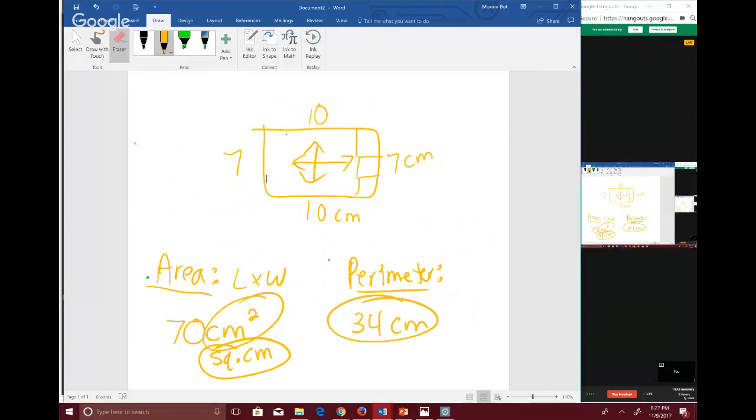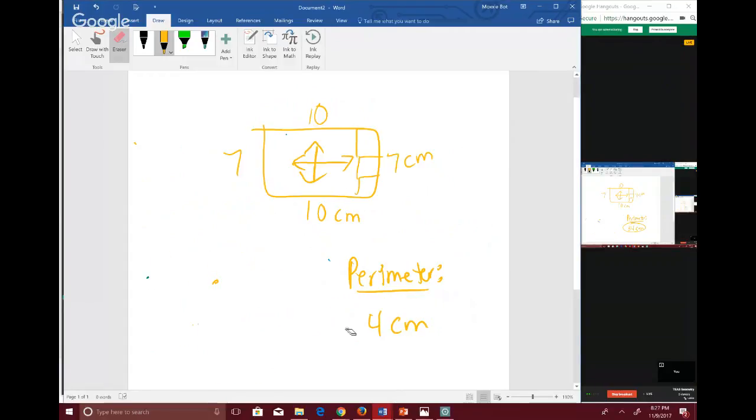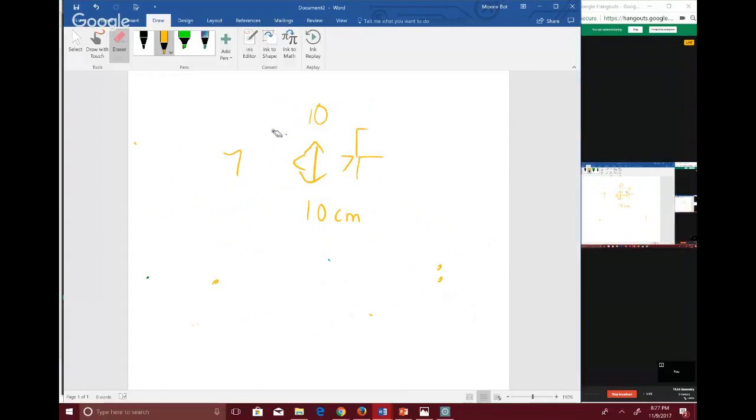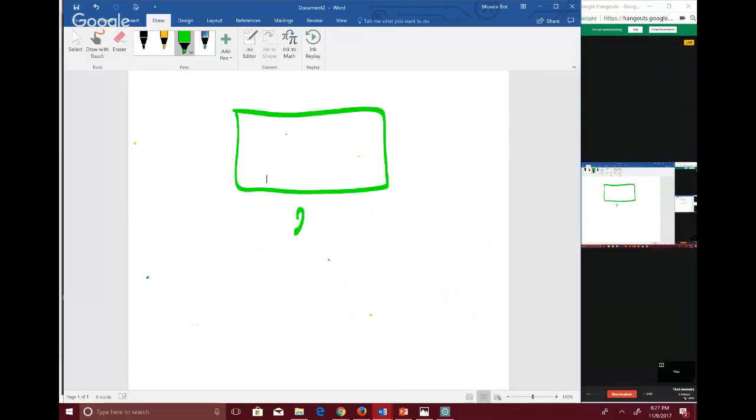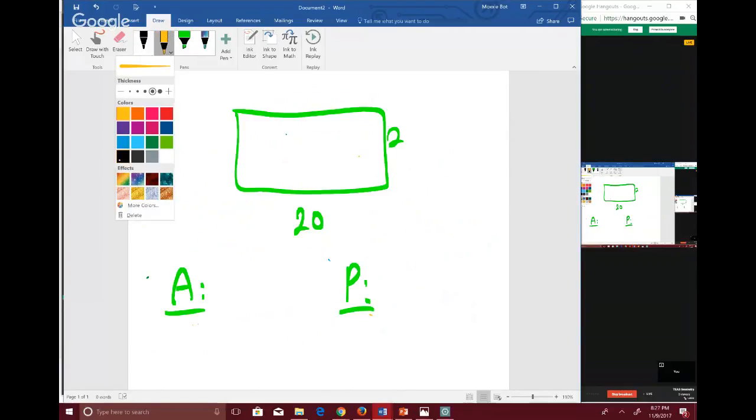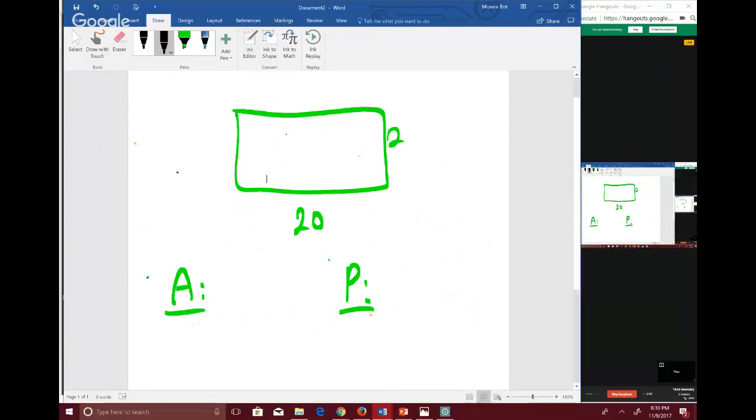So to do one more example like that before we move into the packet a bit more, let's think about a rectangle that is 20 by 2, and let's once again do an area and a perimeter. Part of the reason there's a bunch of practice for these in the packet is so that you can practice them over and over to make sure you have them memorized, amongst other things.